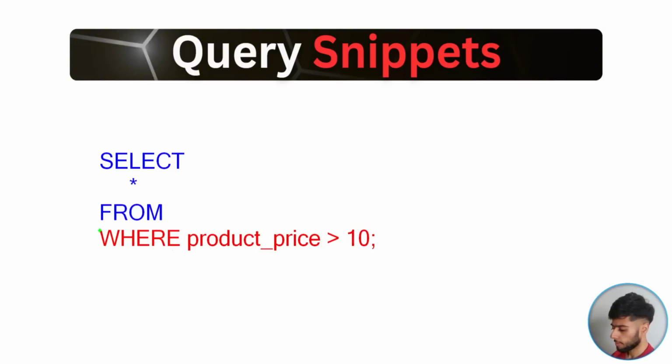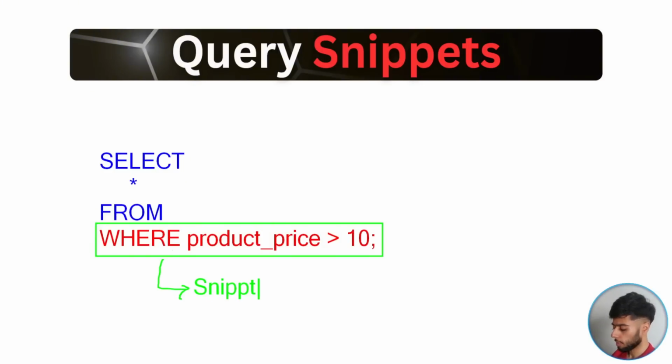Now this part is your snippet. So I am creating a snippet for this particular part, and let's give it a name. Let's say I want to give it the name product where. So this product where will hold this whole query.